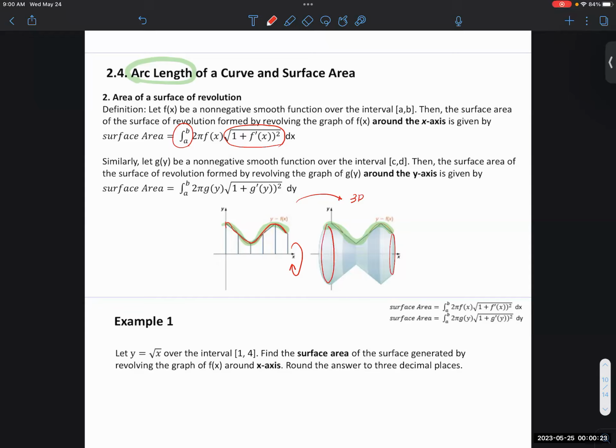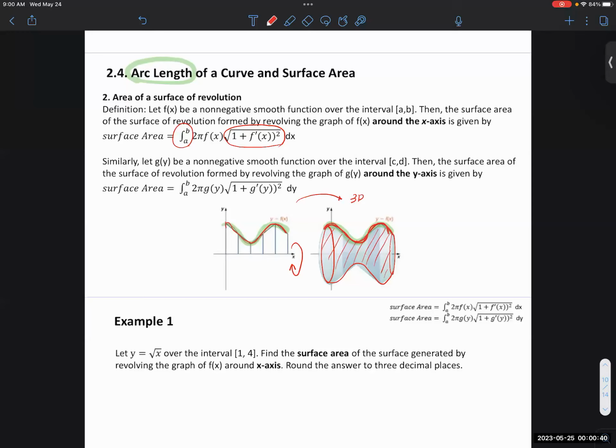So you have to think about it. This is not really a cylinder. This is a little bit of a different shape. There's a curve, and I want to find the surface area of this shape.